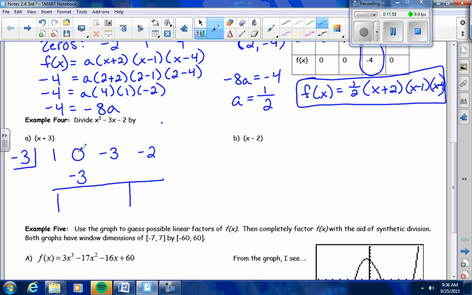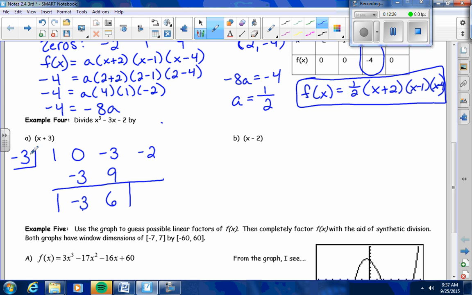Now we add 0 plus -3, and that is -3. I multiply that number, -3, times the number in the box, -3, and that gives me 9. 9 goes in the very next column, underneath that -3. Now I add these. -3 plus 9, 6.